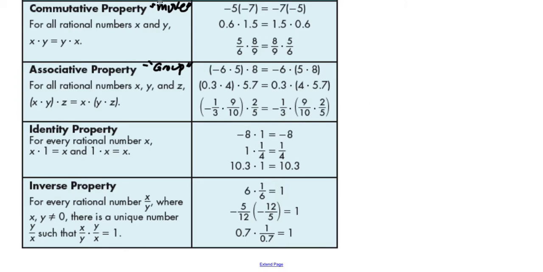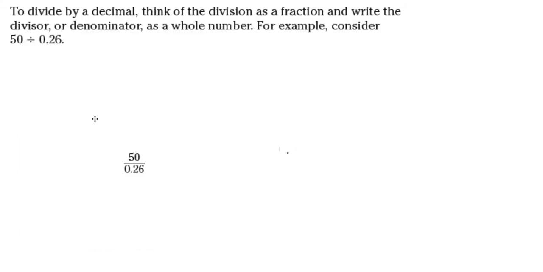Okay, so to divide a decimal by a decimal, think of the division as a fraction and write the divisor, or denominator, as a whole number. For example, let's consider 50 divided by 0.26.